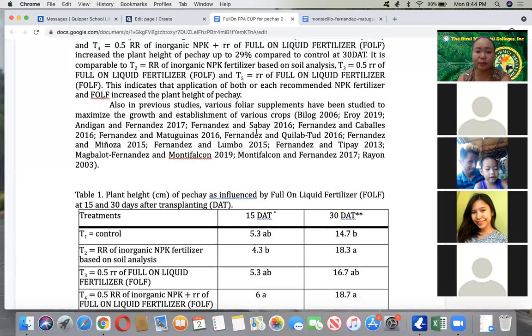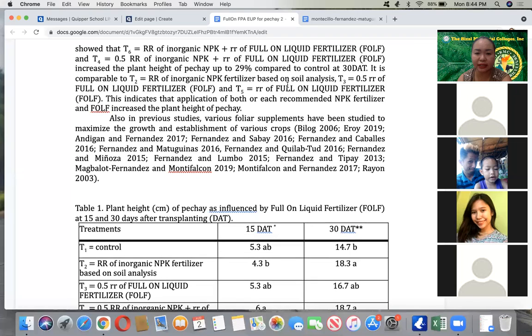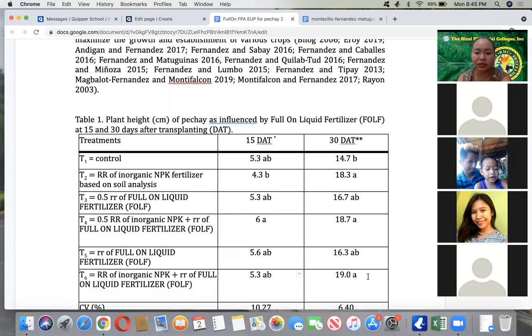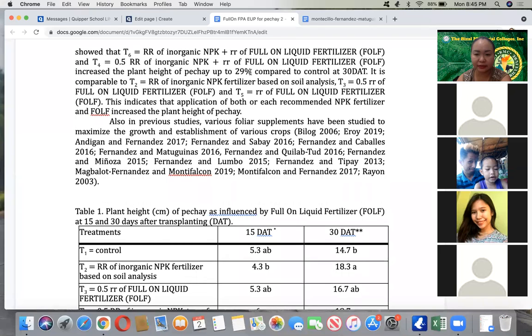So you just compute like this one, the highest is 19 kasi sa 30 DAT ito. So the highest is 19, i-minus mo lang sa 14, and then i-divide mo into 14, so that makes it 29%. No? Or over 100, so that's in percentage.